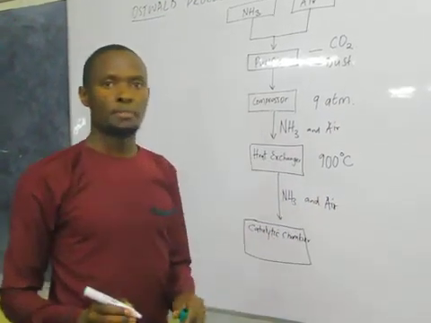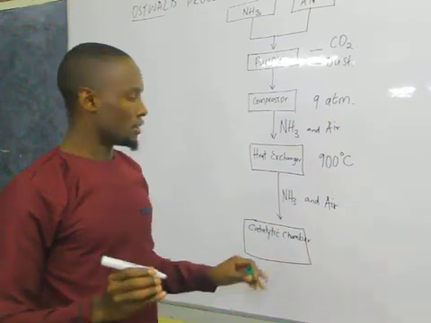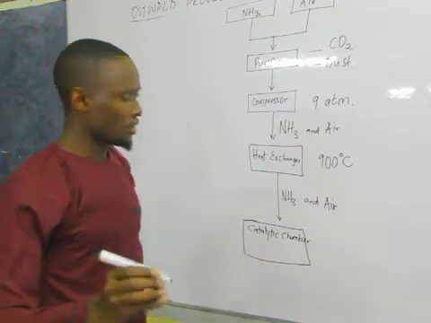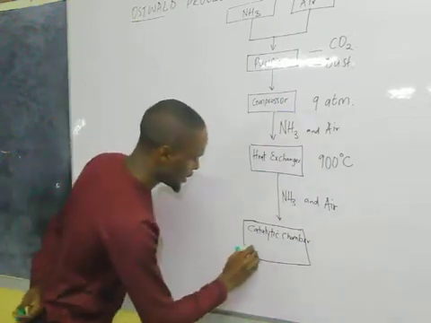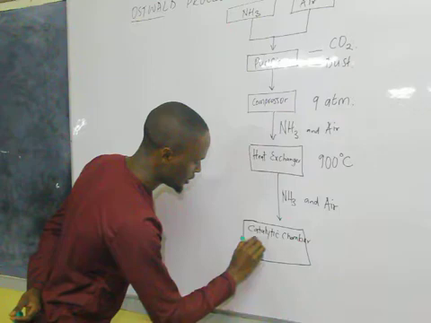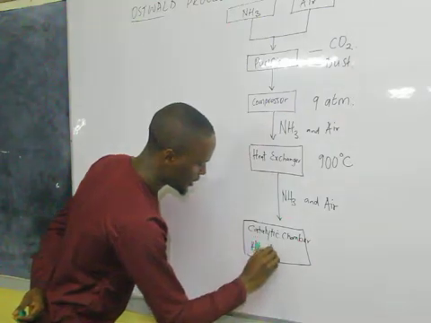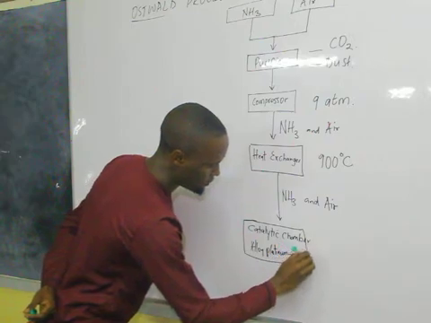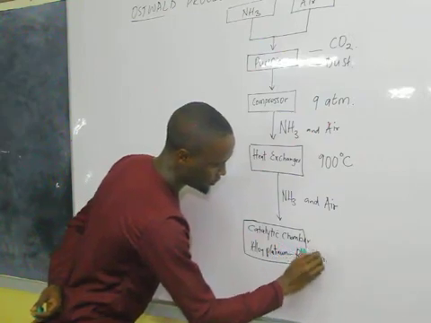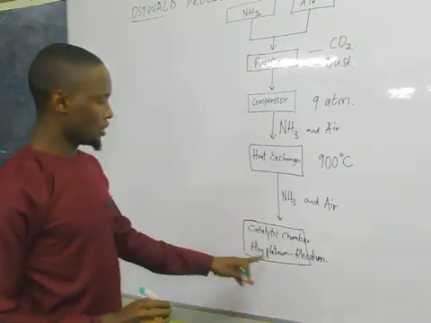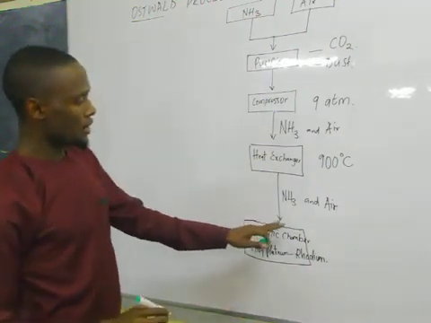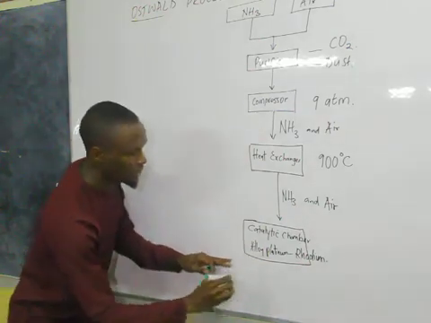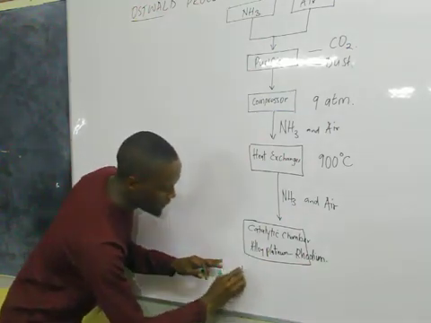In this chamber, the catalyst used is an alloy of platinum and rhodium. So this catalyst is responsible to catalyze the reaction between ammonia gas and oxygen.